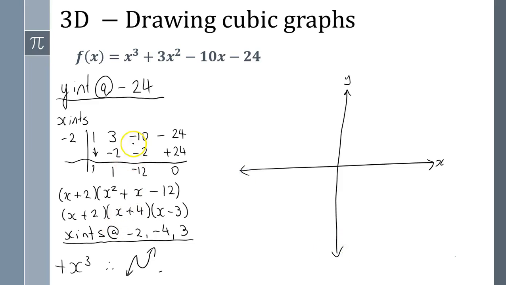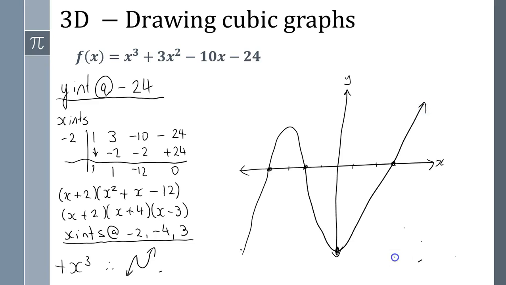Okay, and I'm going to start with my x-intercepts. So we've got -2, 1, 2, -4, and +3. Okay, we've also got a y-intercept at -24. Didn't draw my graph big enough, put it down there. Okay, so it's going to go up like that.